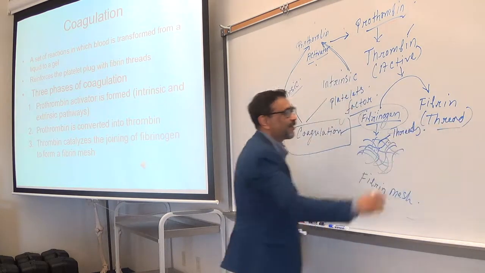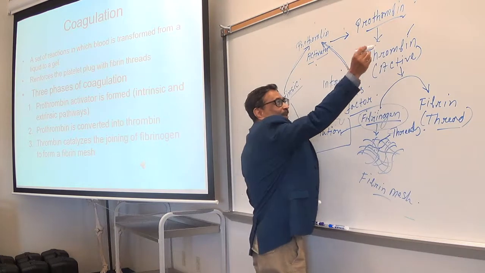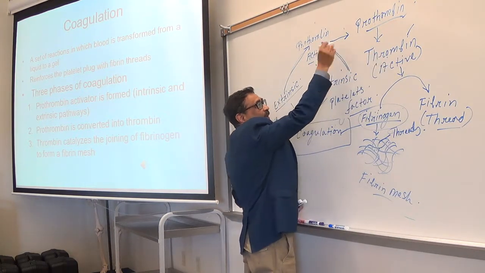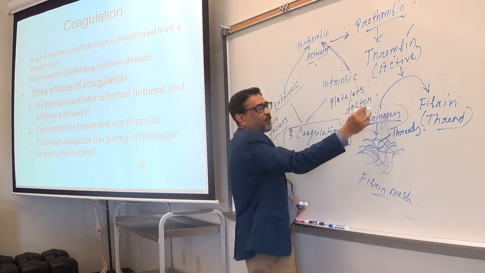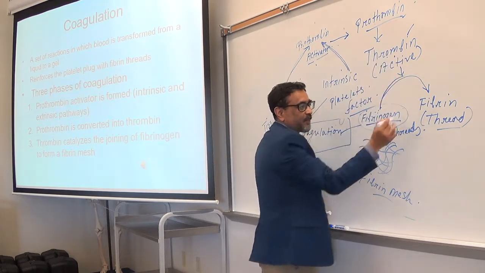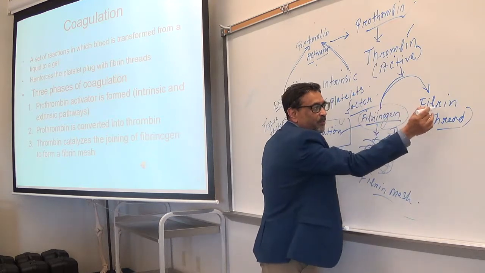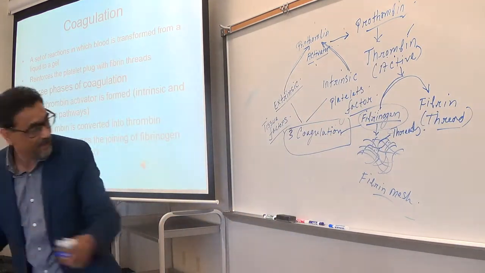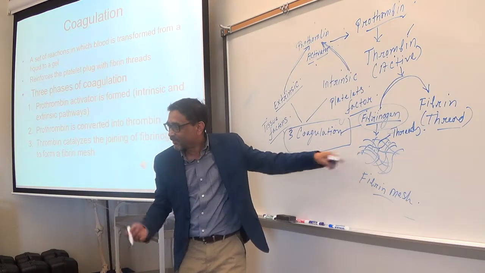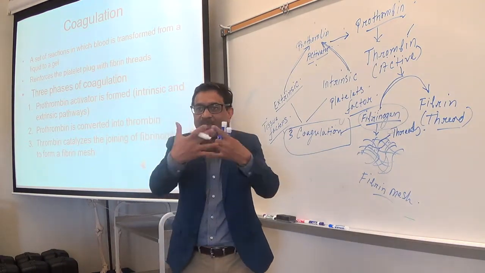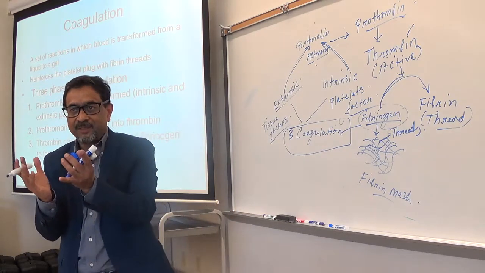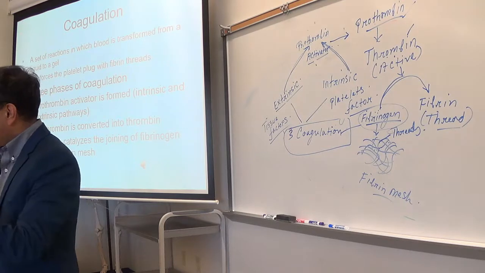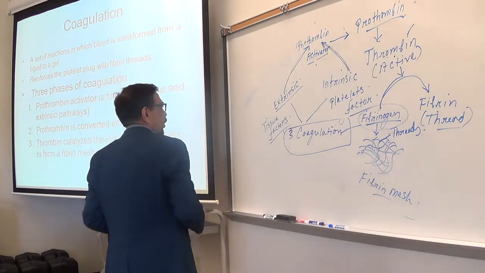So prothrombin will be converted to active thrombin by prothrombin activator, and thrombin will convert the plasma protein fibrinogen to fibrin thread. Okay? Then what will happen? I explained, right? The threads will get attached to each other to form the mesh. Is it clear? And the mesh will cover the clot.